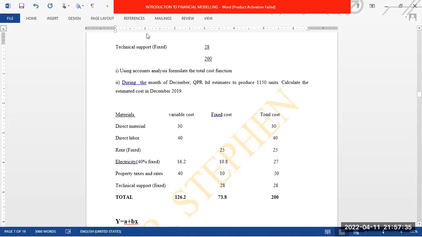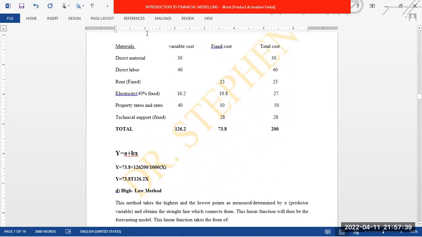Using account analysis, formulate the cost function. The cost function is y is equal to 73.8 plus 126.2x. That is our cost function.